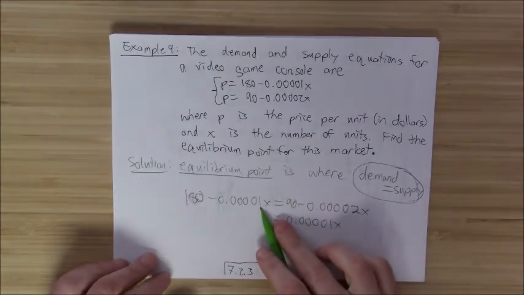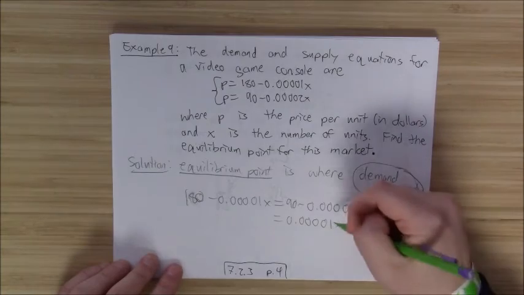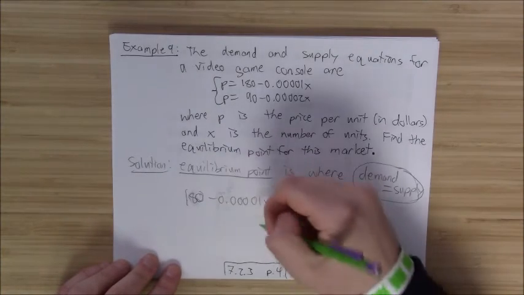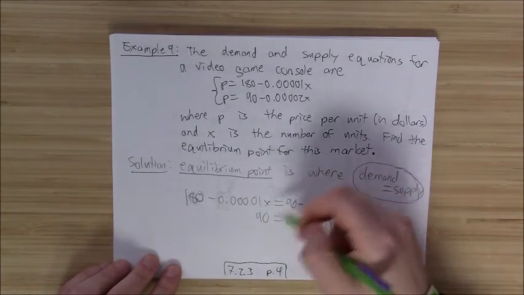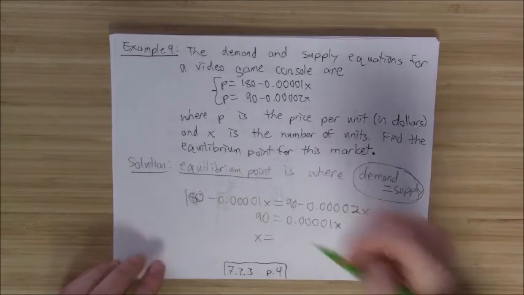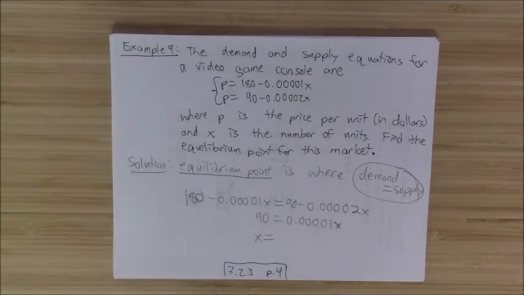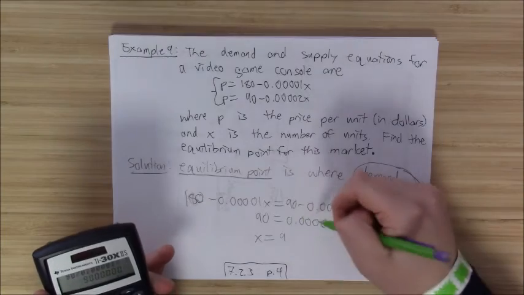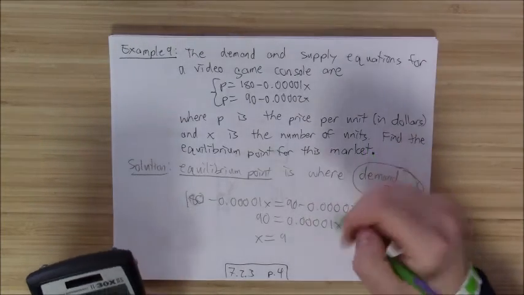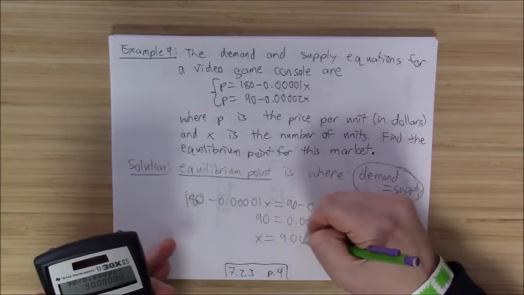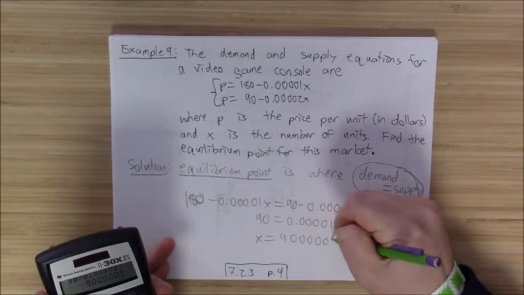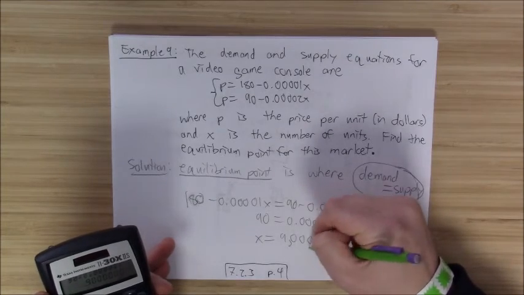Subtracting 90, you get 90 over here, which means x is equal to 90 divided by 0.00001, which is 9. So here we could use some exponents if we want to, but that's going to be 9, 1, 2, 3, 4, 5, 6, so 9 million.